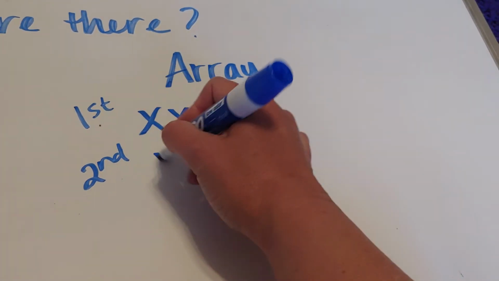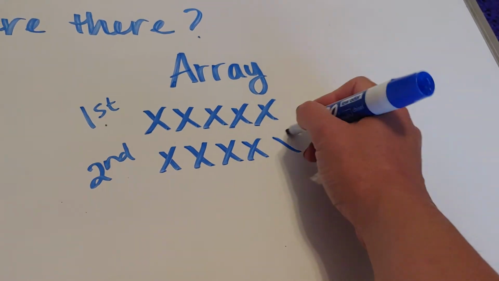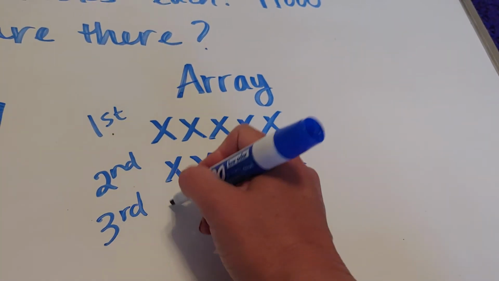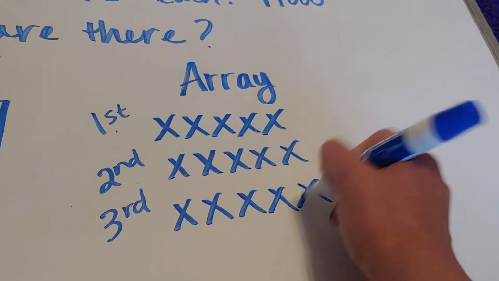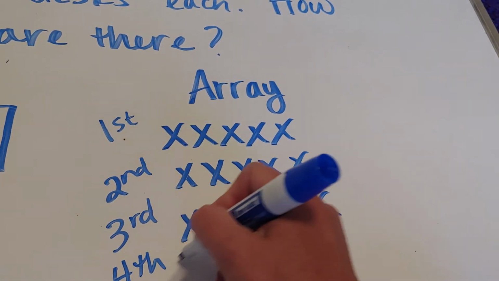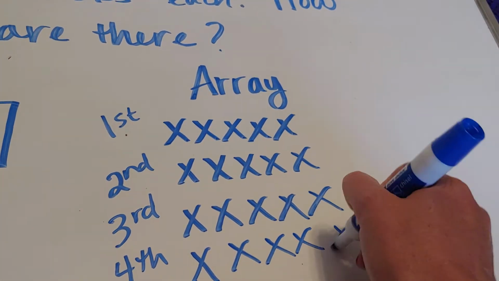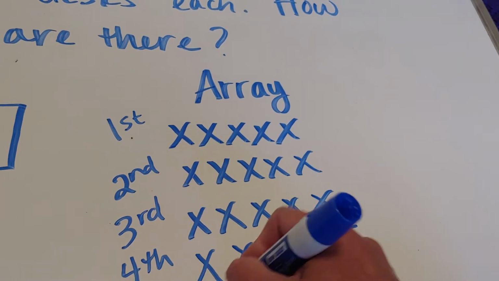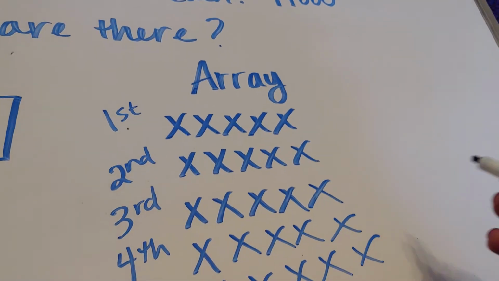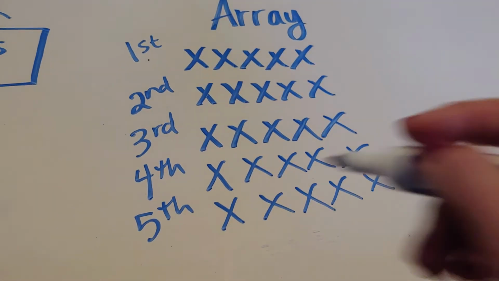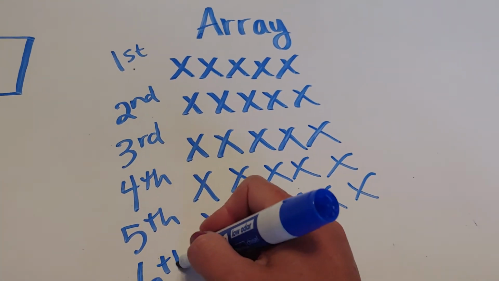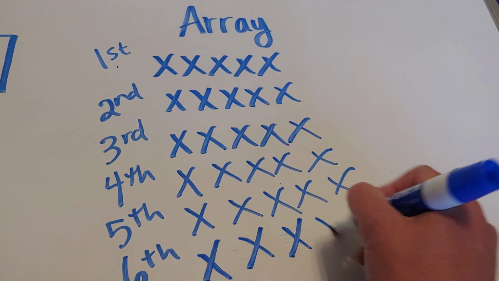My second group, 5 desks. My third group, 5 desks. Fourth, fifth, and then finally sixth.